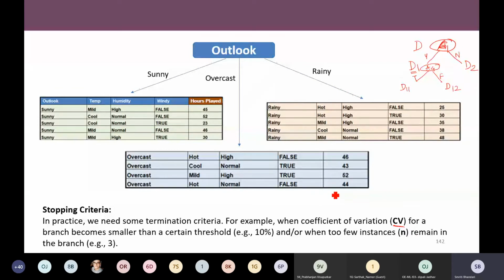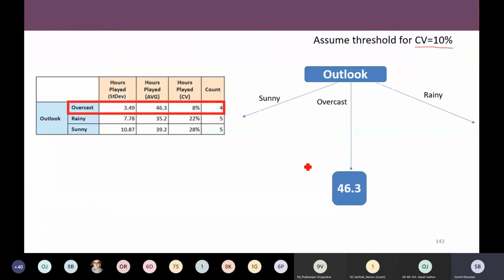So that is our stopping criteria. We have computed the root node outlook and we have these 3 branches. We need to check whether for any of these branches we have reached the stopping criteria.